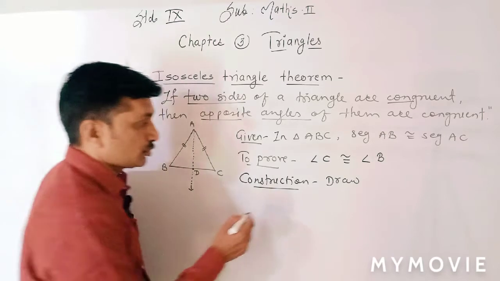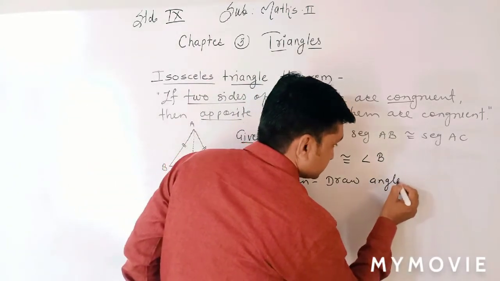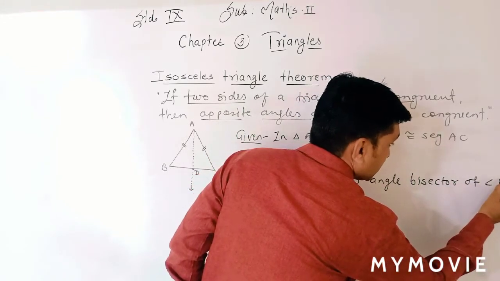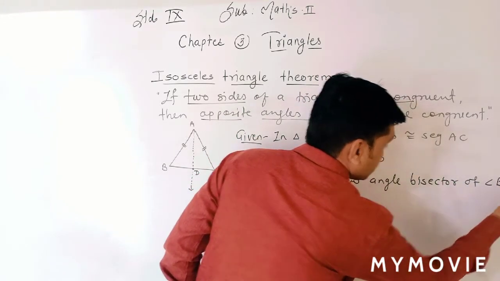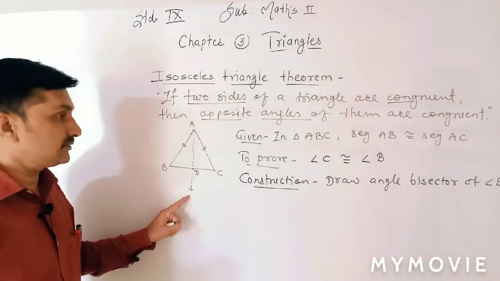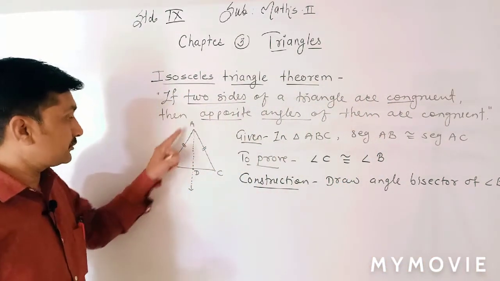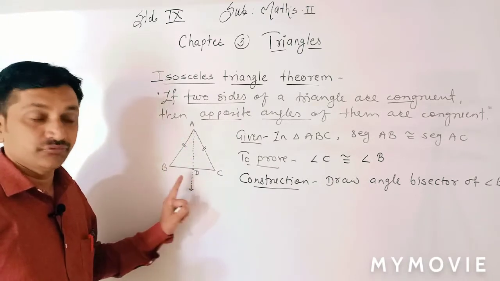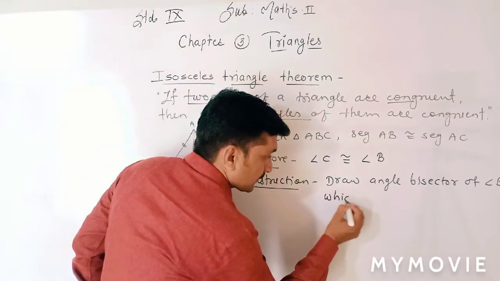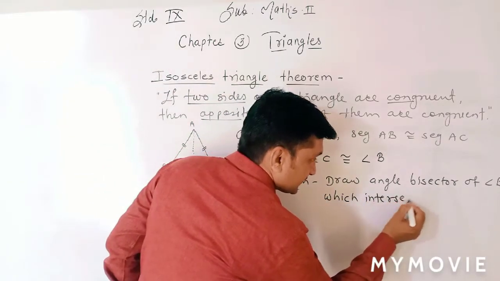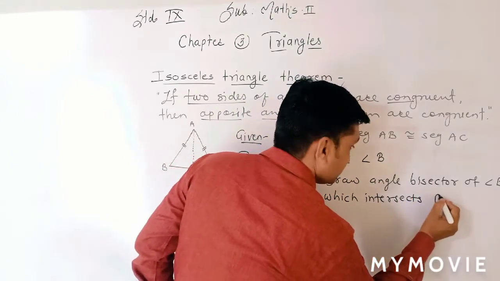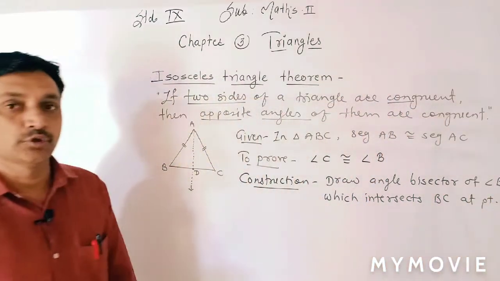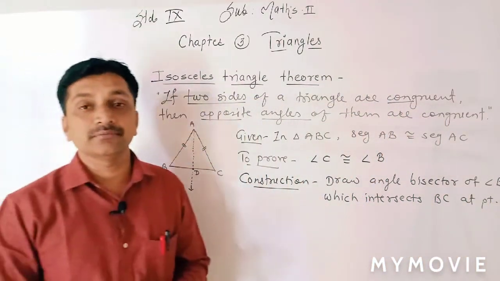Draw the angle bisector of angle BAC which intersects BC at point D. Okay, means ray AD is the angle bisector.